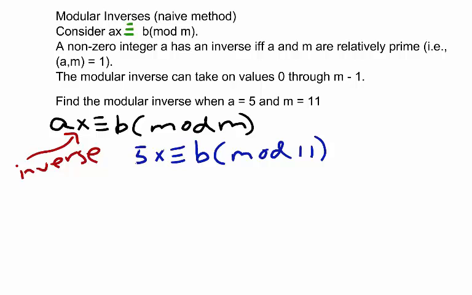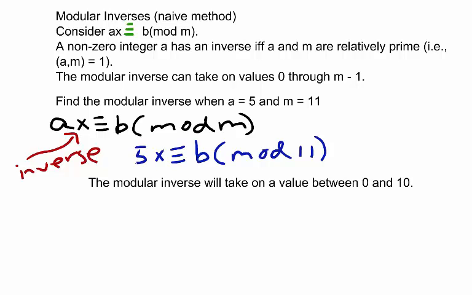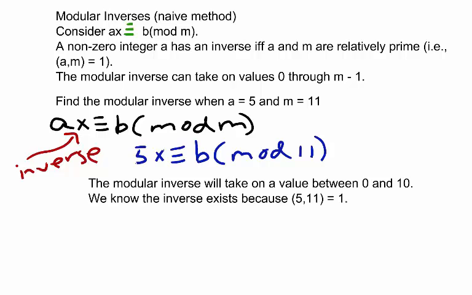Since we have mod 11, we know that our inverse can take on one of the values from 0 to 10. In addition, we know that an inverse exists since 5 and 11 are relatively prime. So let's get started.